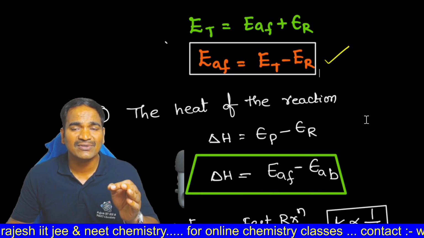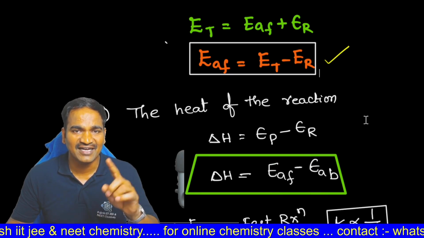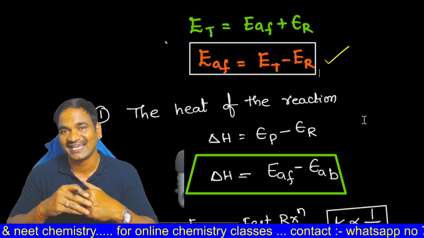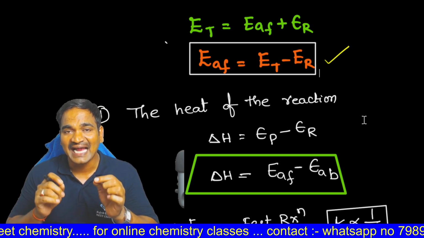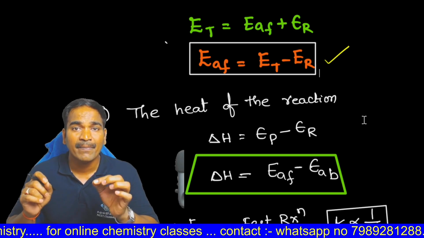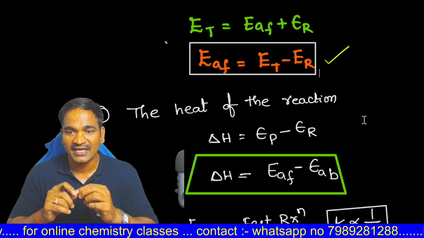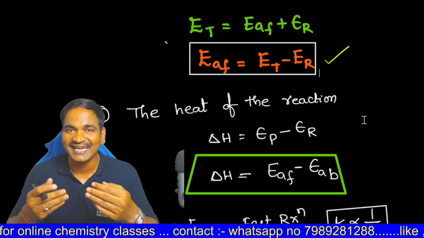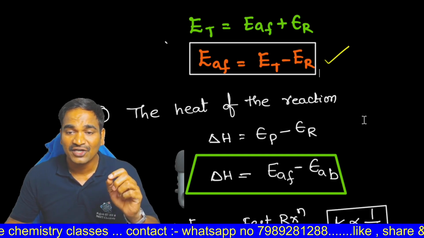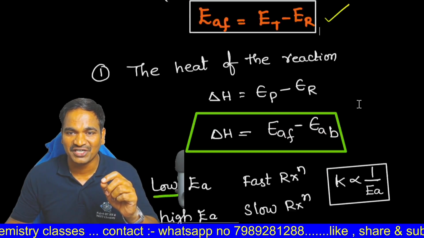With the help of activation energy also we can calculate. How, sir? Activation energy of forward reaction minus activation energy of backward reaction. If you subtract these two, you will get the delta H value, the enthalpy of the reaction. Is it clear? Now go to the very important points.